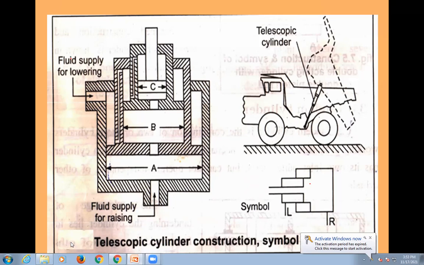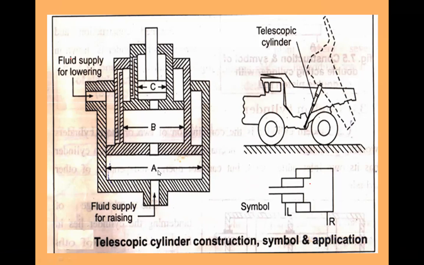You can see this big cylinder, it is called cylinder A. A means the diameter of this cylinder.